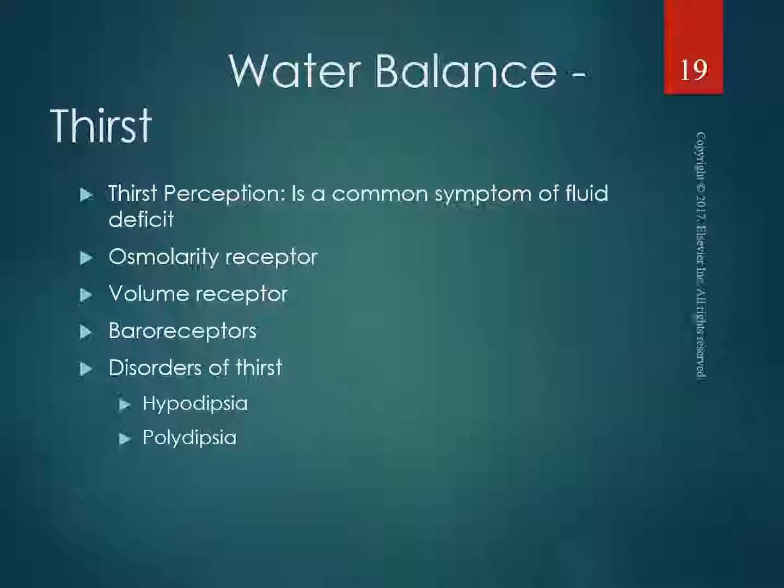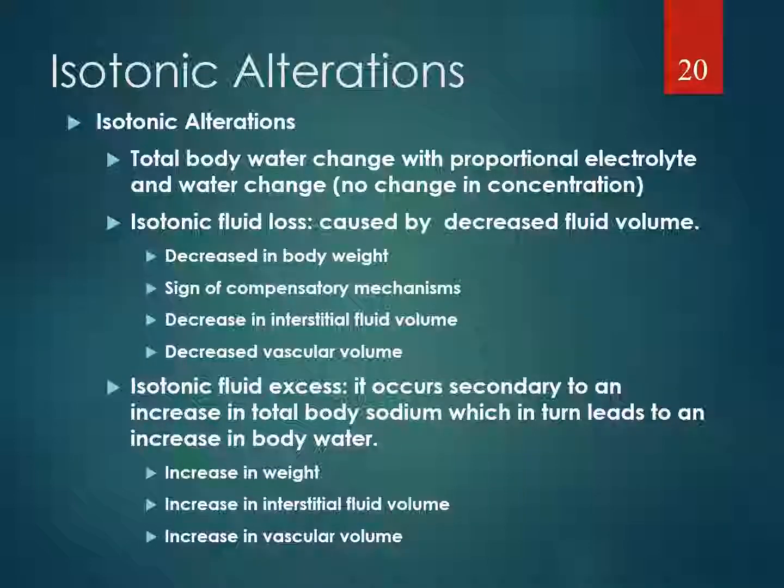Disorders of thirst can include hypodipsia or polydipsia. So isotonic alterations are total body water change with the proportional electrolyte water change, or no change in concentration. Isotonic fluid loss is caused by a decreased fluid volume.